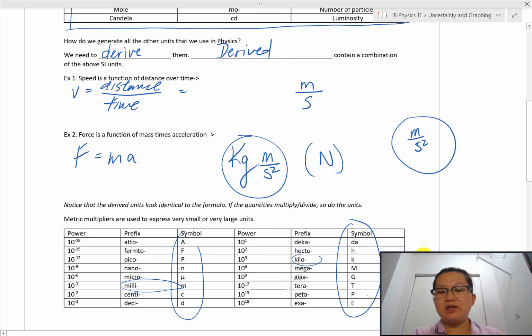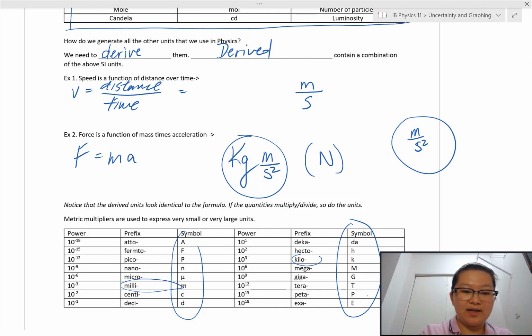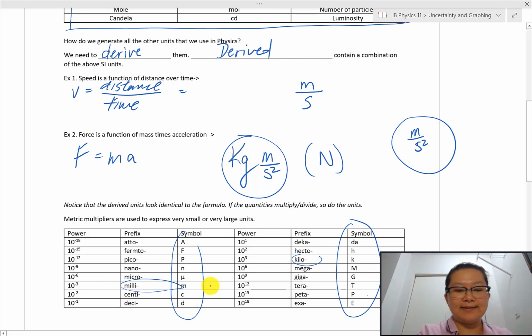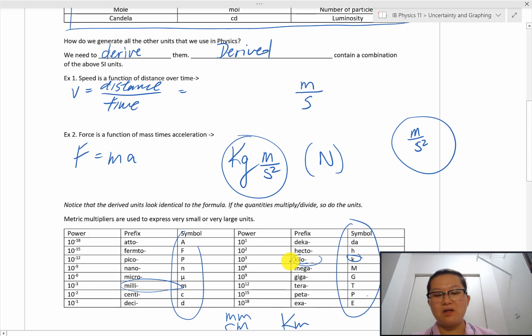So for example, the kilogram, you know that one, and we just use kg instead of grams. And in fact, I believe that's in the fundamental units anyways. The milli, so for example, millimeter, you might have seen that one. Centimeter, you might have seen that one. Kilometer, yes, kilometer. The kilo, again, the K, okay?